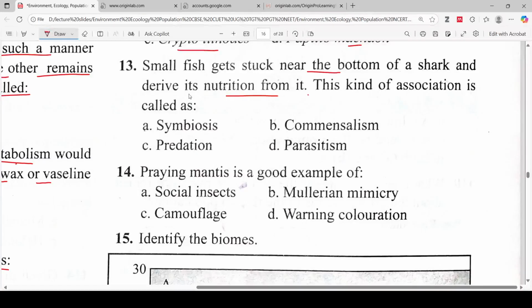The kind of association is called, of course, option B, parasitism will be the correct answer. Praying mantis is a good example of social insect, camouflage, Mullerian mimicry and warning coloration. So the correct answer is camouflage.